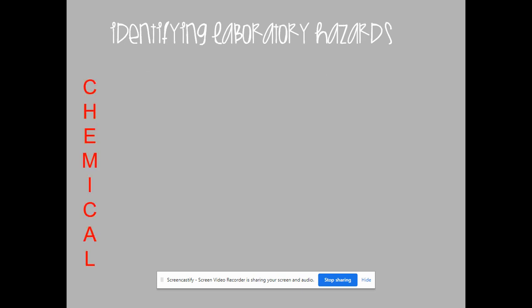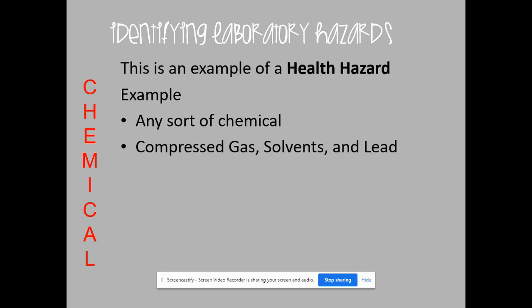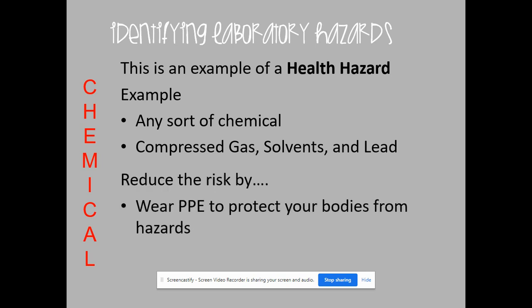The first type of health hazard is a chemical hazard. This includes any sort of chemical, compressed gas, solvents, and lead. And how can we reduce the risk?